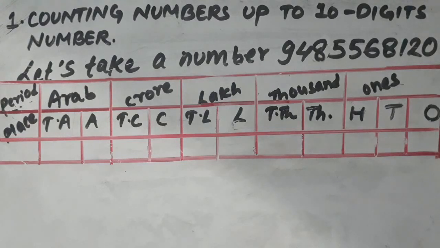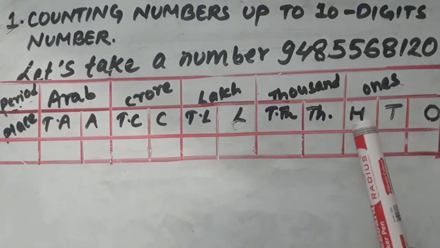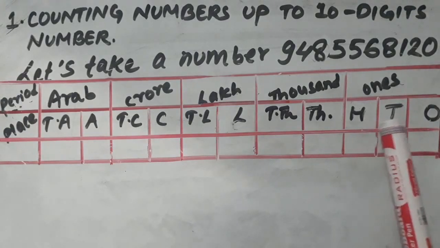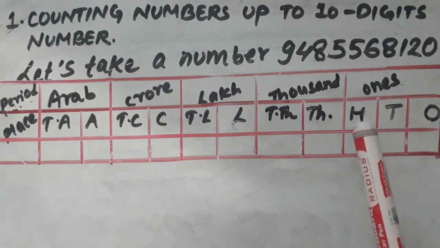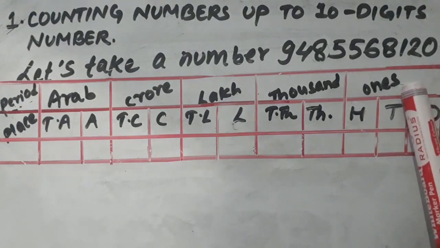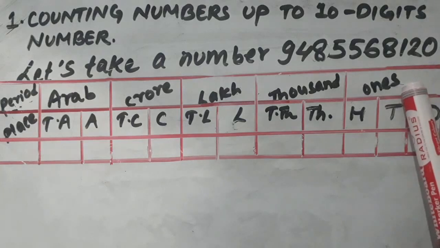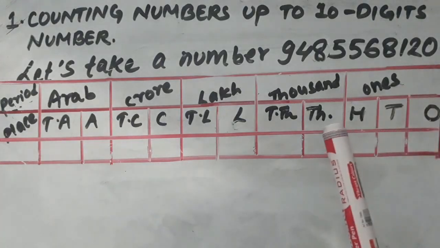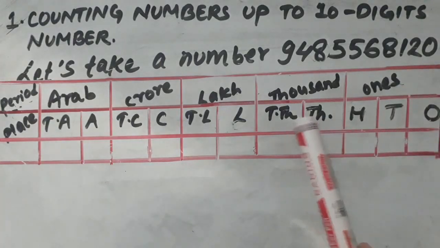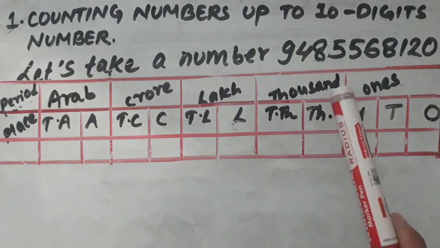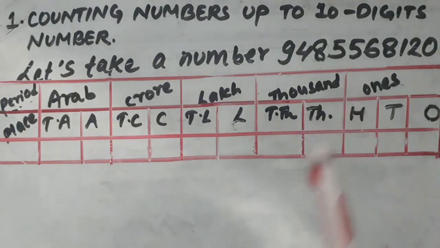Now students, ones, tens, hundred, these three places lie under ones. Ones, tens, hundred, ones को पिरियड पर्छ. Similarly, thousand, 10,000, these two places lie under thousand period.